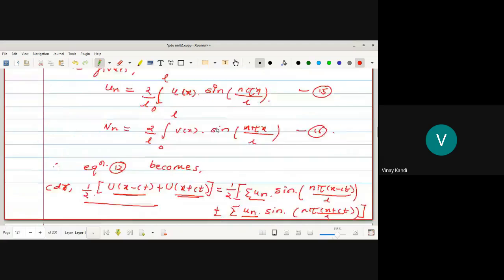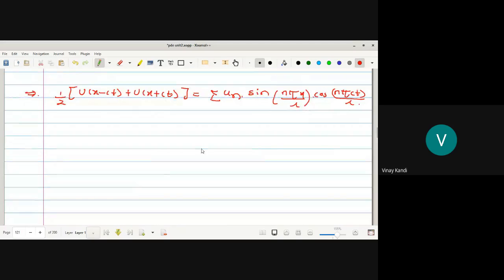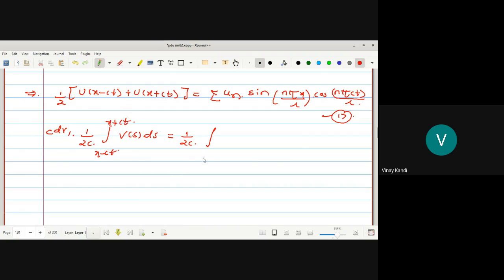Now consider again the given equation. Now consider 1 upon 2c, integration from x minus ct to x plus ct of capital V of s ds, which is equal to 1 upon 2c, as it is, integration from x minus ct to x plus ct.